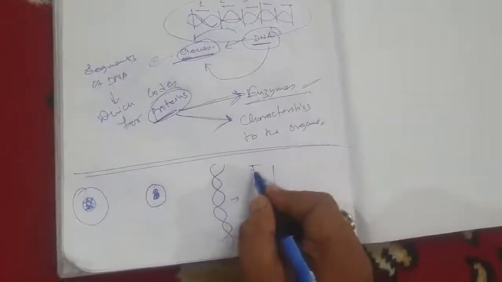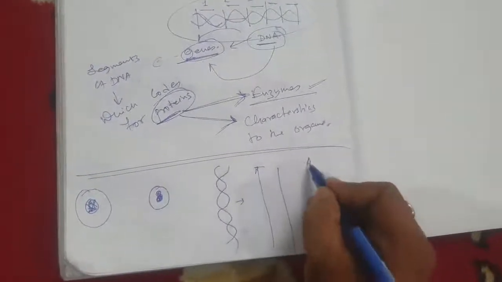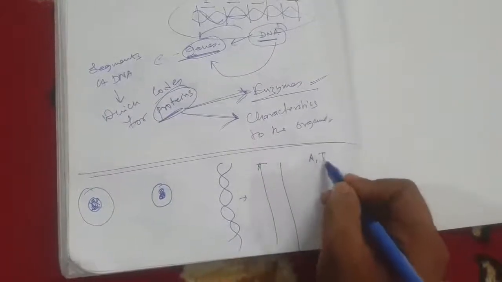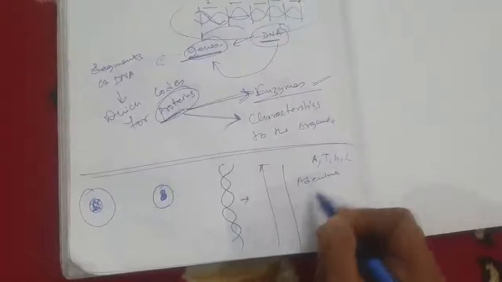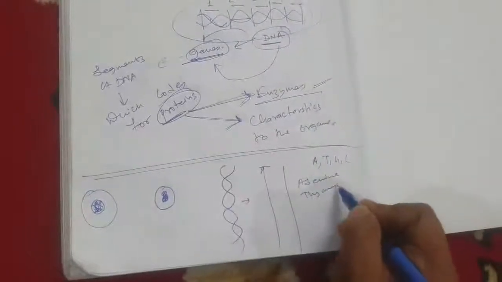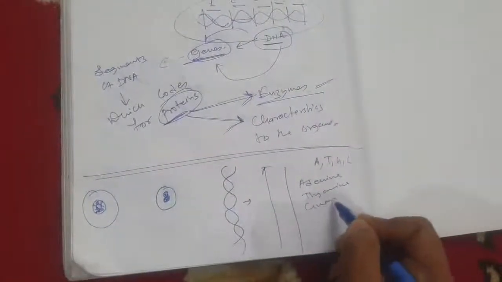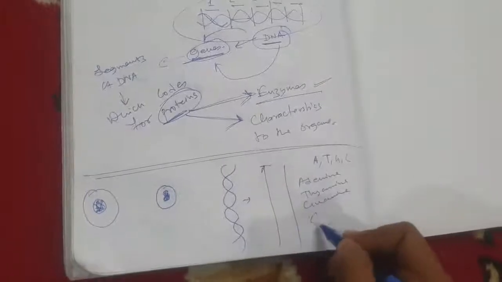In these strands, the sequences are there. The sequences are formed of 4 molecules: A, T, G, C. Adenine, thymine, guanine, cytosine.